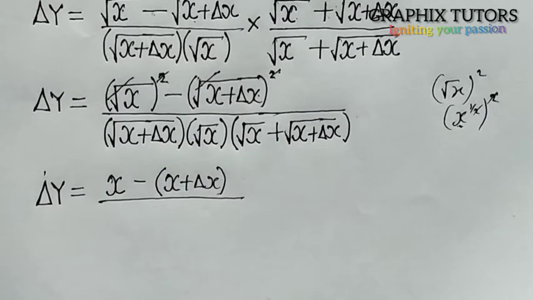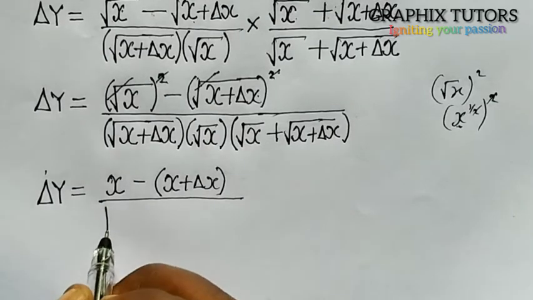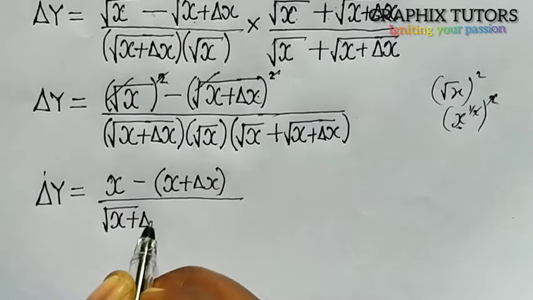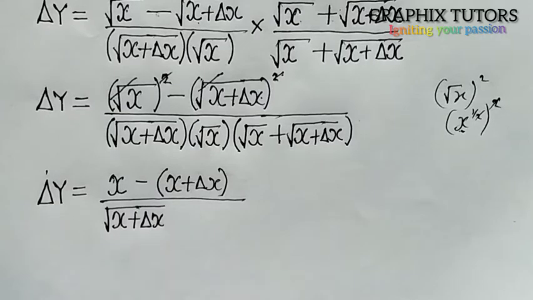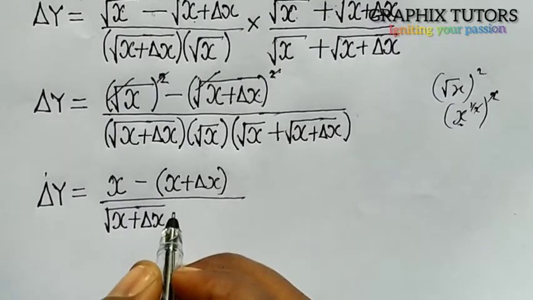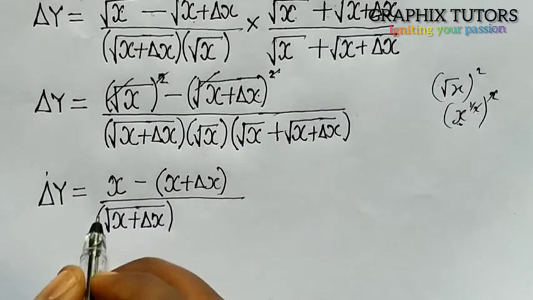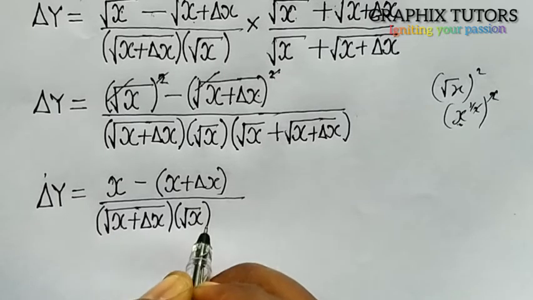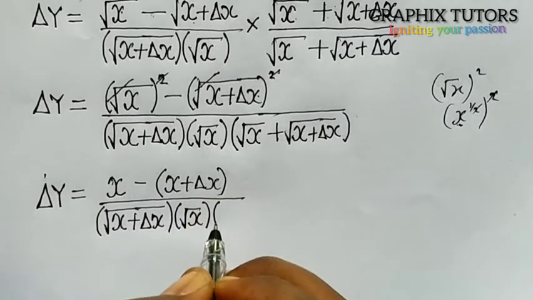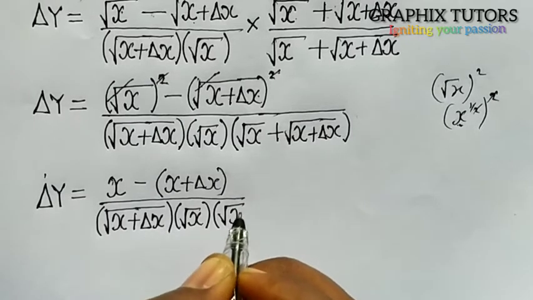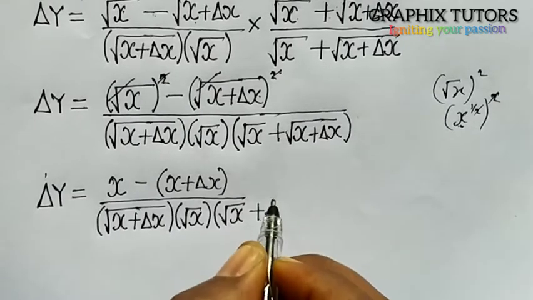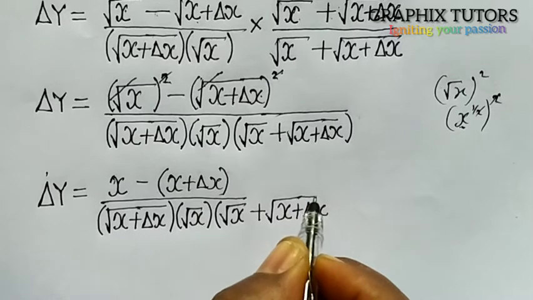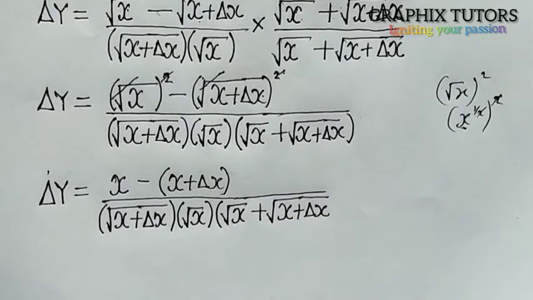Is that taken? Now this will be the root of x plus delta x, close the brackets, times the root of x, right, multiply by the root of x plus the root of x plus delta x. Is that okay?